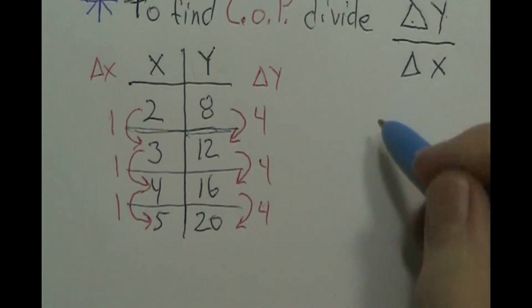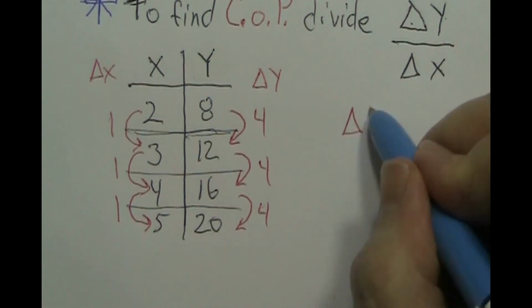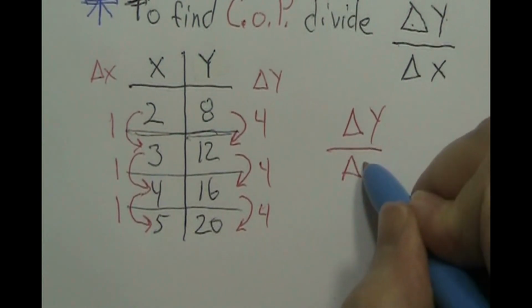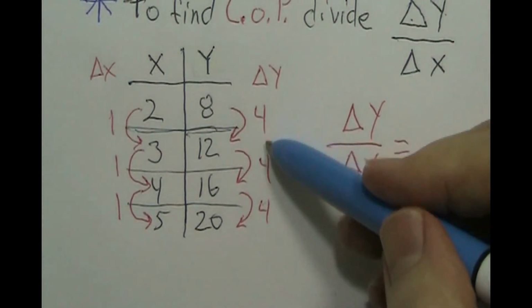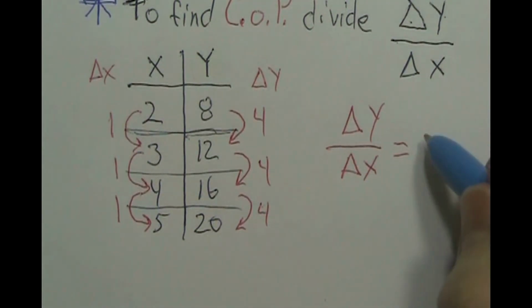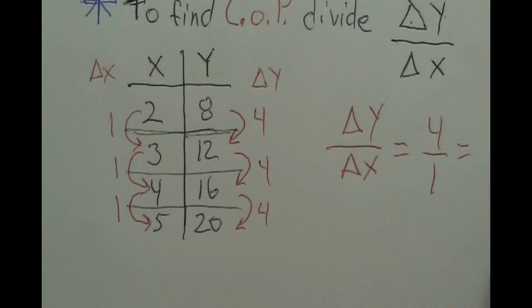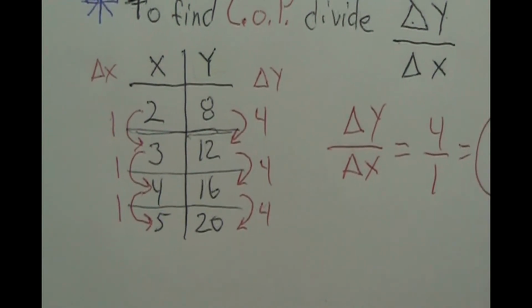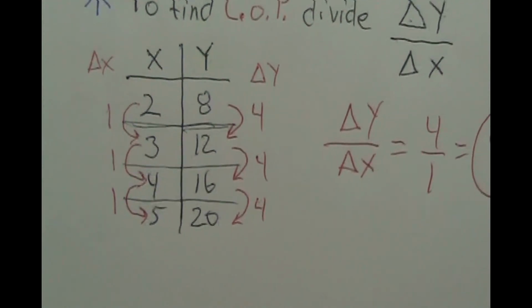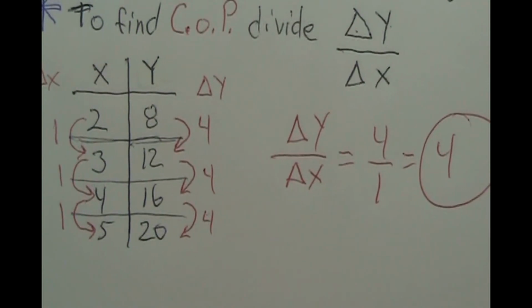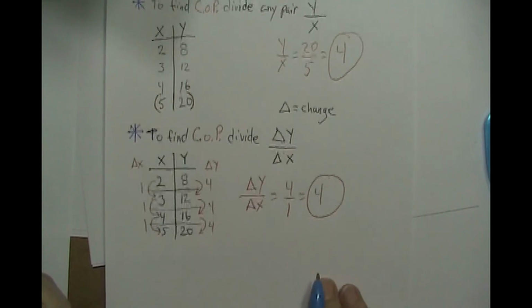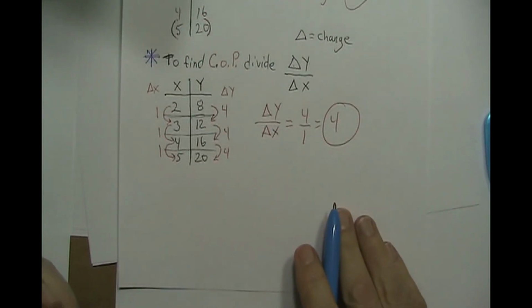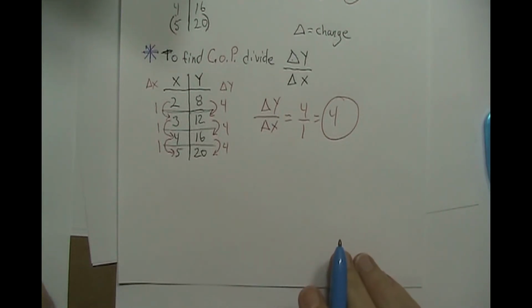Now, if I take the change of y over the change of x, you'll do this a lot next year, it is 4 over 1. Well, that is just 4. It's the same answer as we got up here. It works.